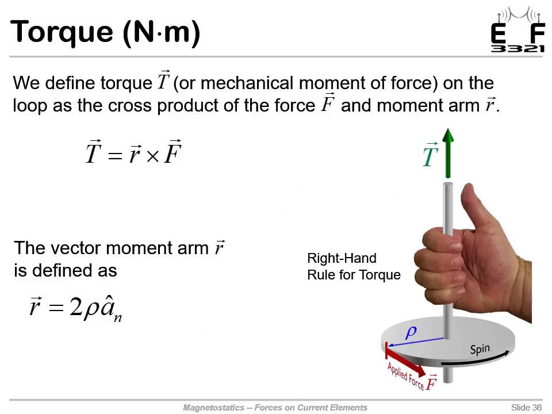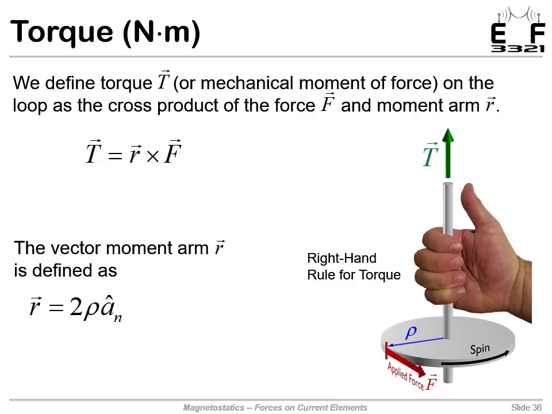So we have to have a quick discussion about torque because we have rotating loops. And this comes from mechanics. So sometimes called mechanical moment of force. So imagine we have a rod and we have some kind of cylinder here. And we're putting a force at some distance rho away from the center of this cylinder. So we're applying a force way out here. Well, we describe this as torque.